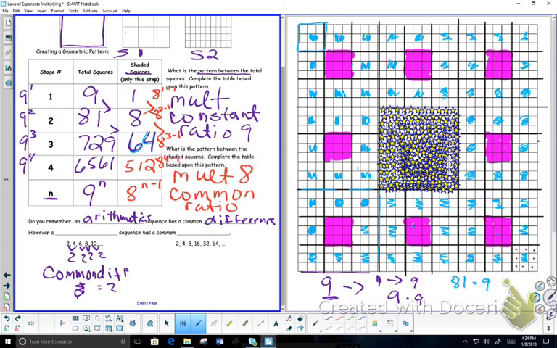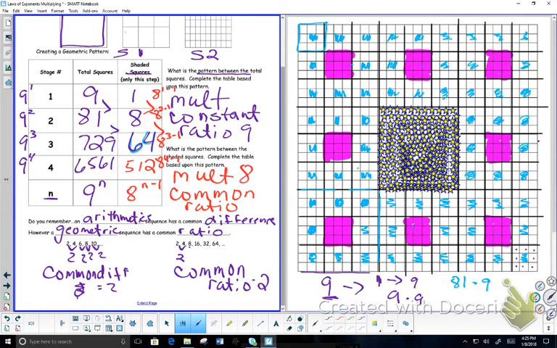But then the one we're talking about now, it's a geometric. And a geometric is slightly different. You're not adding or subtracting the same thing over and over again. You're multiplying by the same thing over and over again. And it's called a common ratio, okay? You'll notice here, I'm multiplying by 2. I'm multiplying by 2. So here our common ratio is 2.